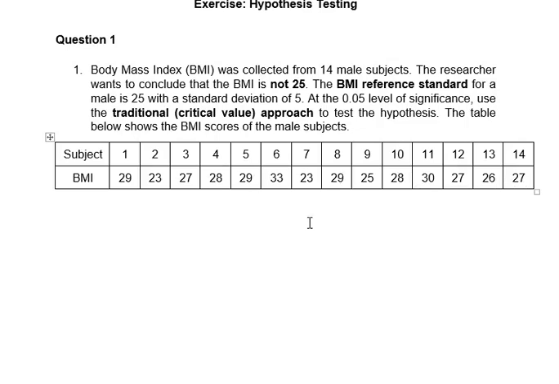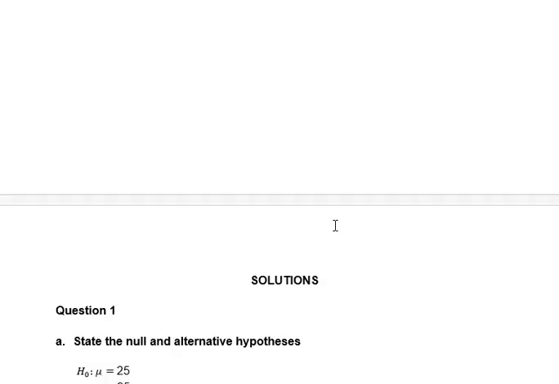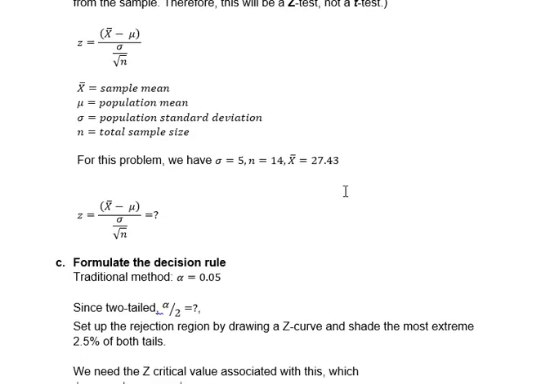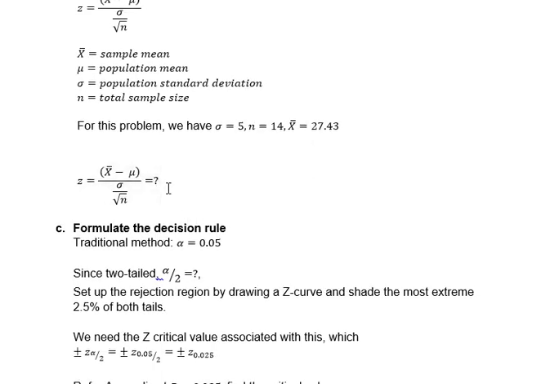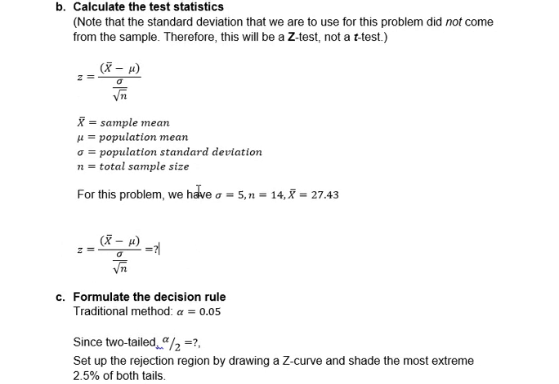You sum up and divide by 14, and you will get the sample mean of 27.43. Now we have to substitute the values in order to find the Z statistic. So we divide it, and from here we'll get 27.